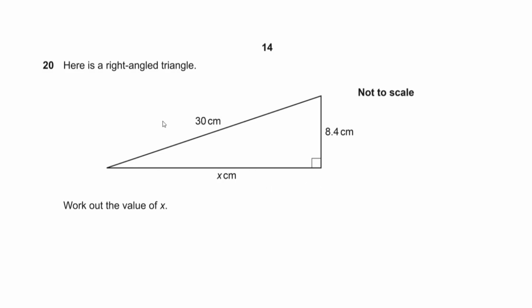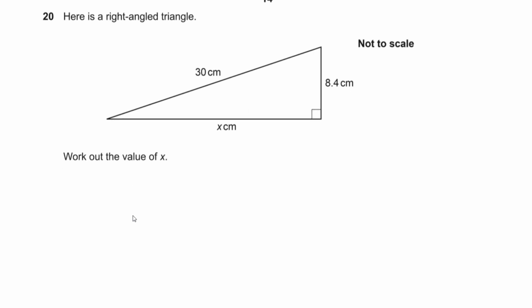Question number 20. Here is a right-angled triangle. We've got 30 centimetres, 8.4 centimetres, and x centimetres. We have to work out the value of x. Well, to work out the value of x, what we need to do is use Pythagoras. So therefore, using Pythagoras, we have x squared plus 8.4 squared equals 30 squared.